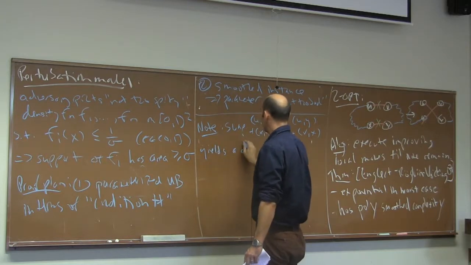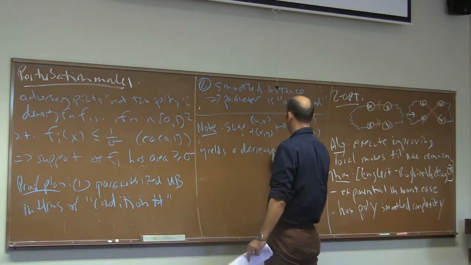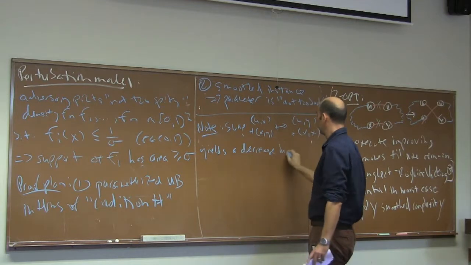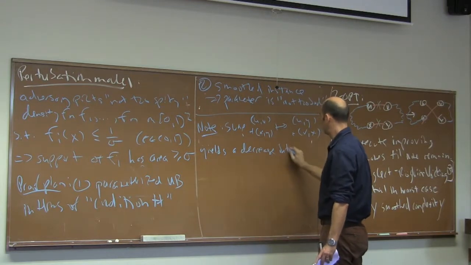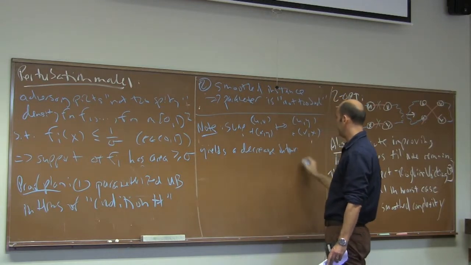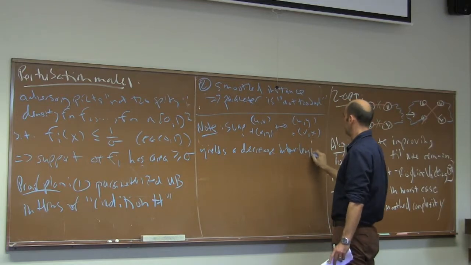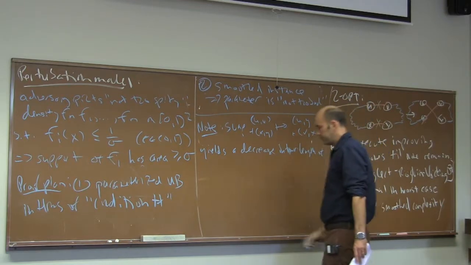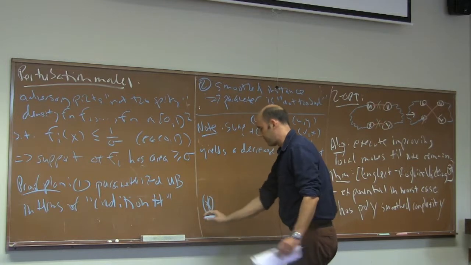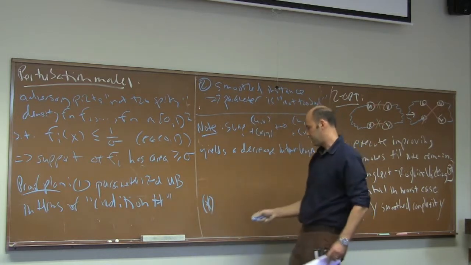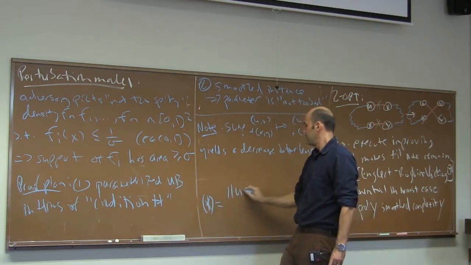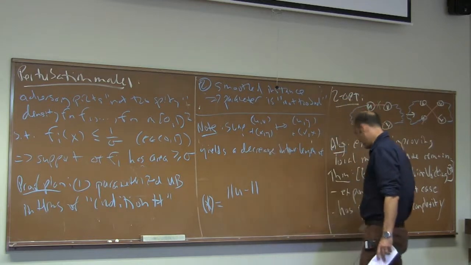So this yields a decrease in tour length, so in objective function value, of, and here's an expression we're going to have to be obsessed with for a lot of the lecture. I phrase it as the decrease.